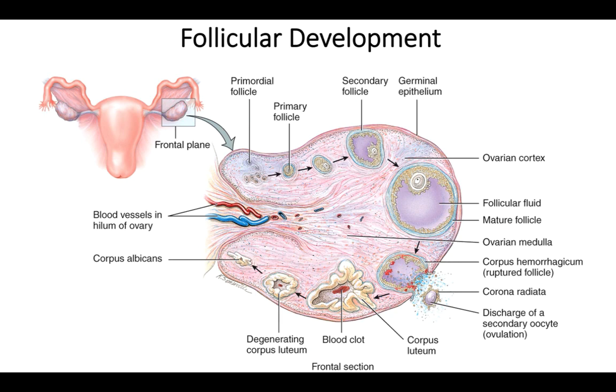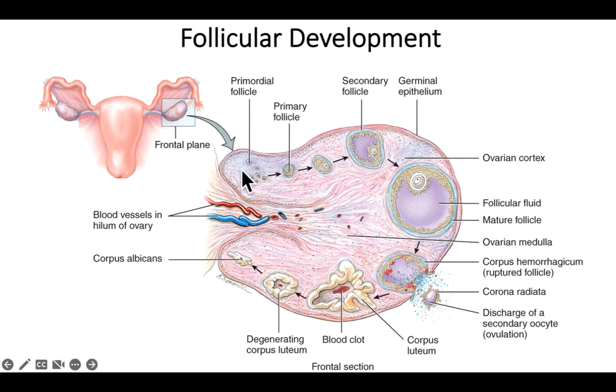So that hormone was named after the function it has on these follicles. It stimulates them to mature. And as long as FSH is being produced by the anterior pituitary, follicles will be undergoing follicular development.